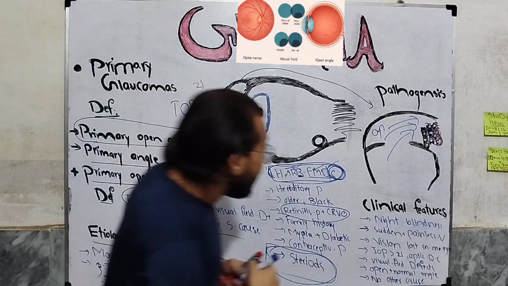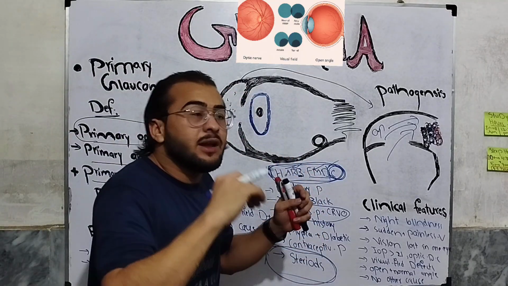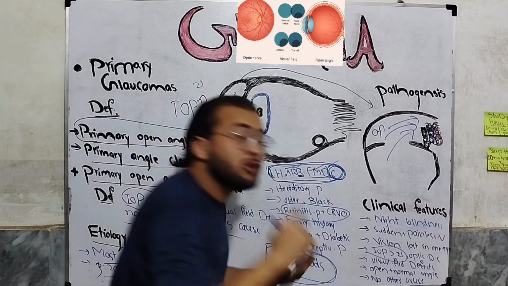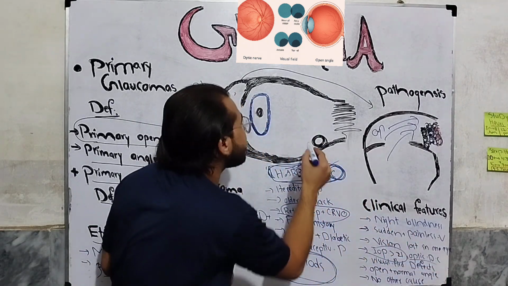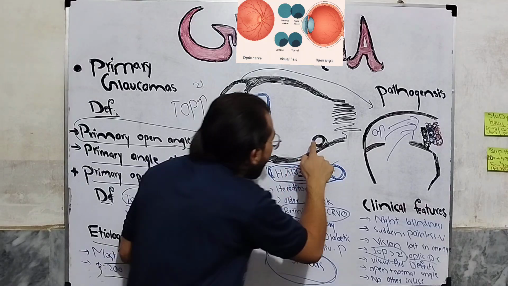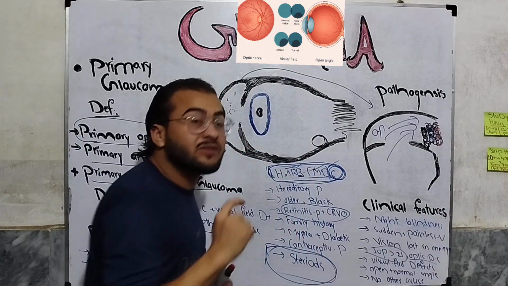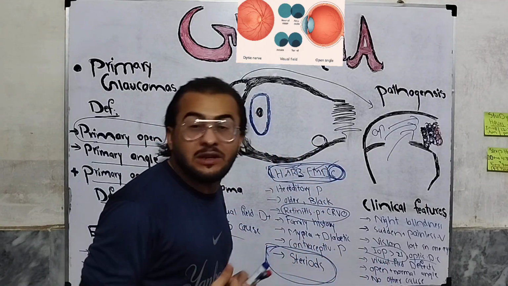When we look through tonometry, fundoscopy and perimetry, the IOP will be more than 21 millimeters of mercury. Through fundoscopy, there will be optic disc changes, optic cupping and characteristic optic disc changes. Through perimetry, we will have visual field defects.